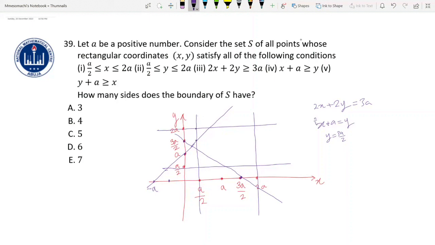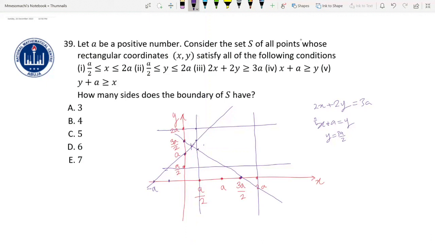And then another person may ask, why isn't this intersection point here inside the square? And so you just do the same thing. You solve the two simultaneous equations to convince yourself that this is outside. You can also check that this point here is going to be a.